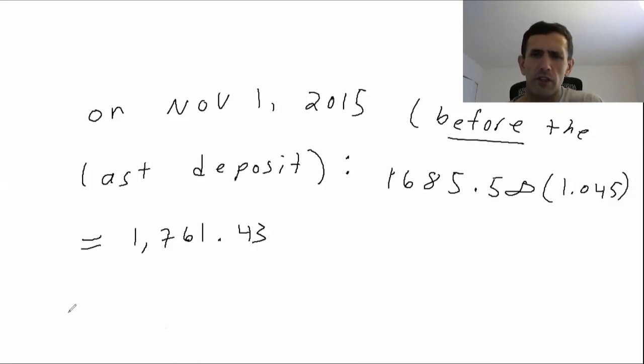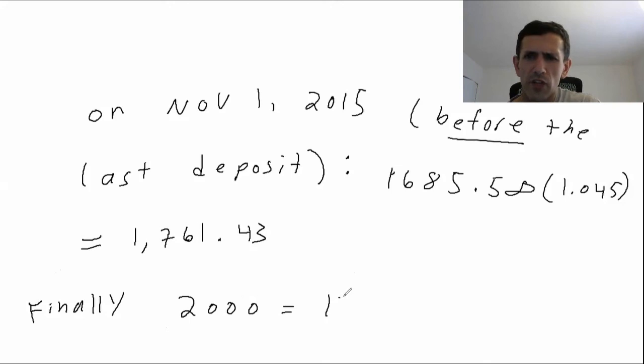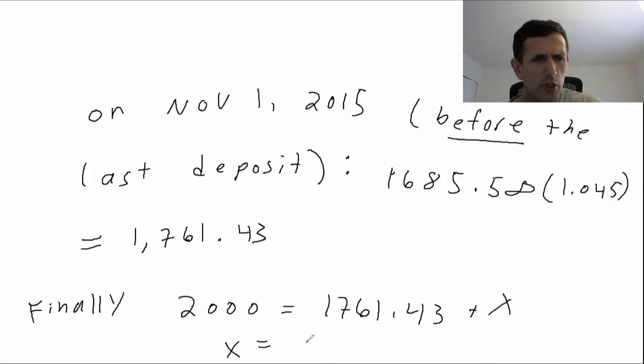So obviously we have to have 2,000. So 2,000 equals 1761.43 plus X. So X is going to be equal to 238.57.